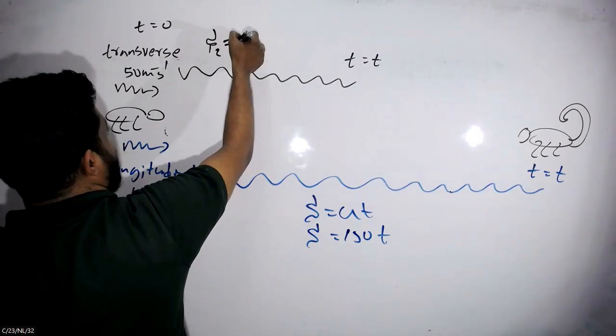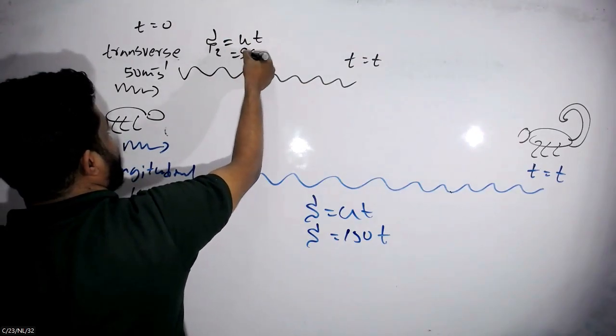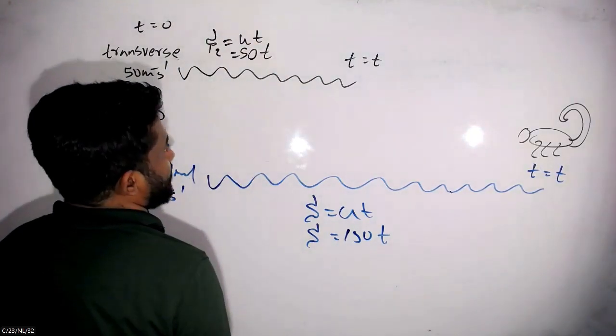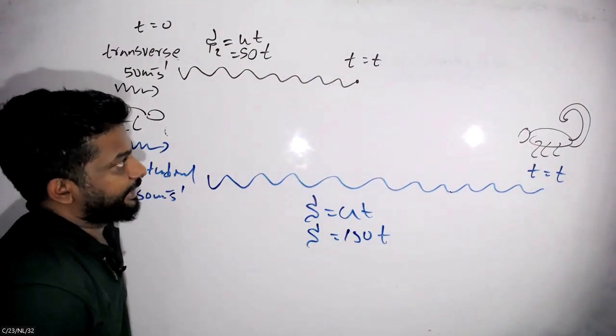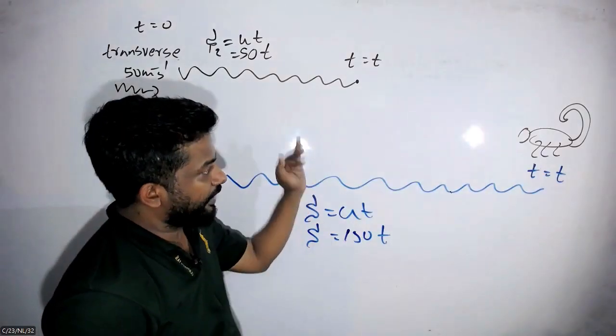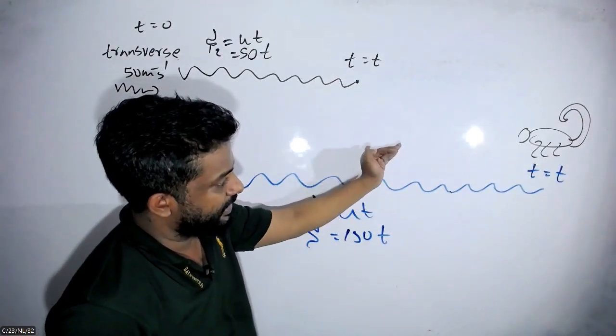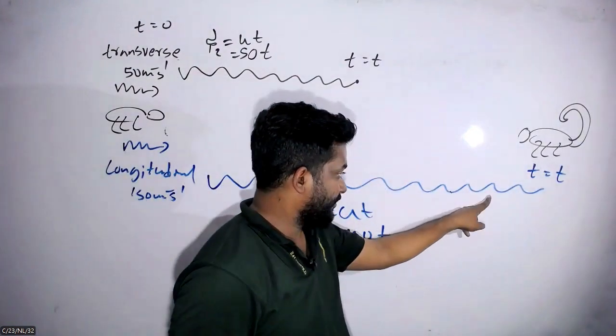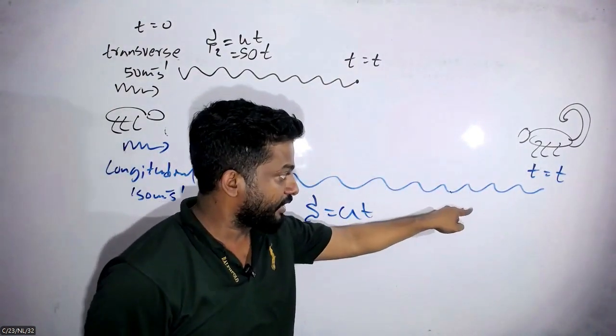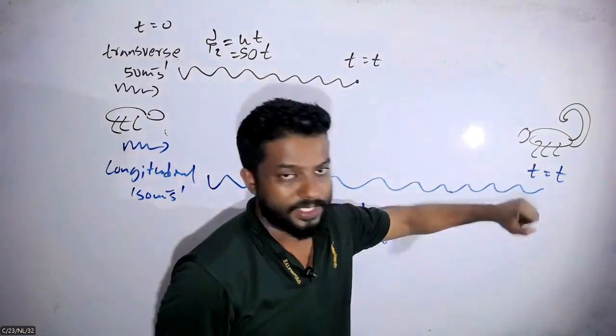It is equal to S equals ut, u is 50, so 50t, right? Then you can observe that this transverse wave reaches the observer after some time delay after the first wave. First wave means this longitudinal wave reaches the observer.